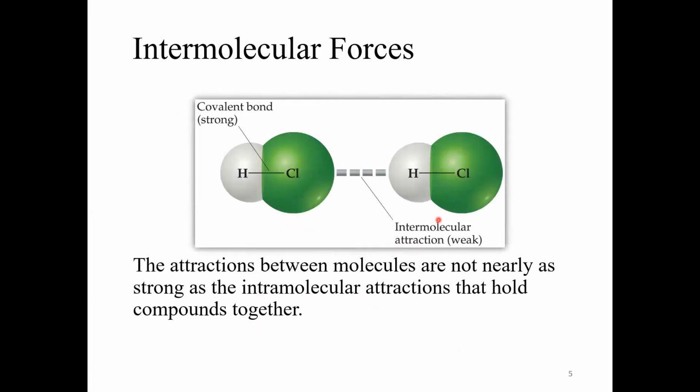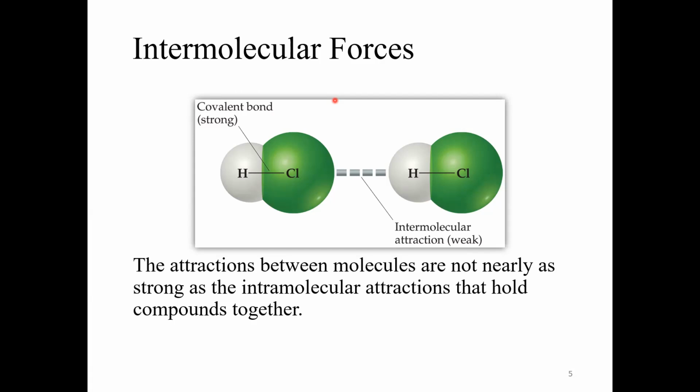And then, like I mentioned before, the intermolecular forces are going to be what's holding together different molecules. We're going to see a couple different types of intermolecular forces. So depending on what type of substance it is, the interactions between those different molecules are going to be different. That's why we see some of the different properties that we're going to talk about.